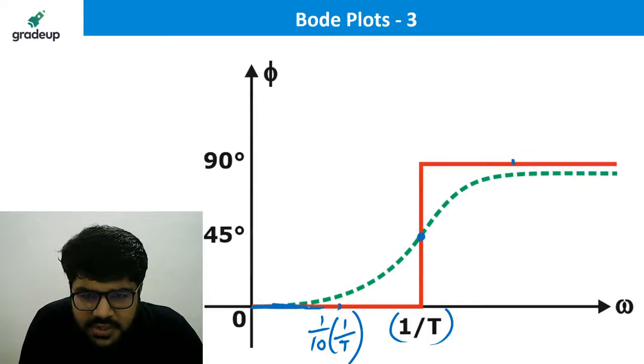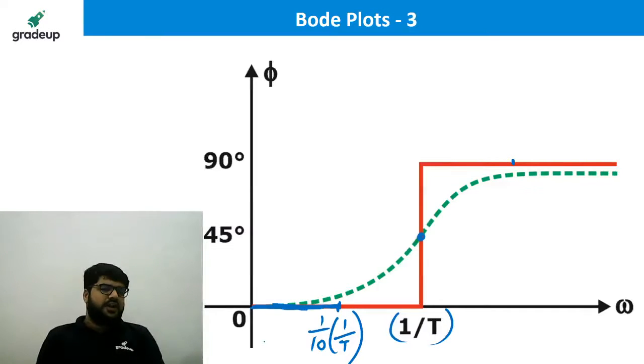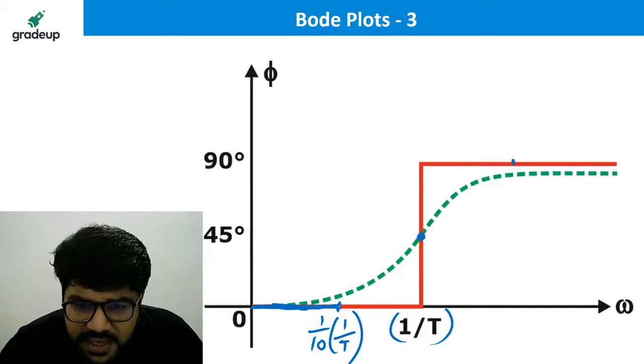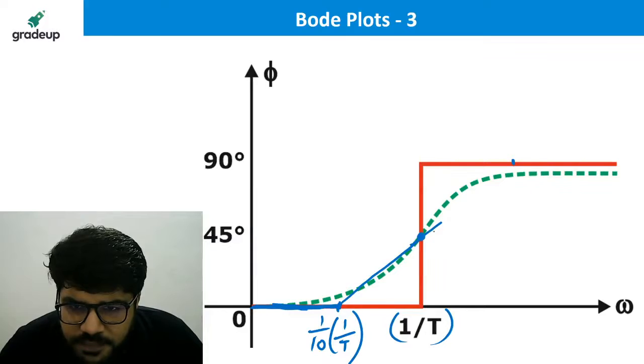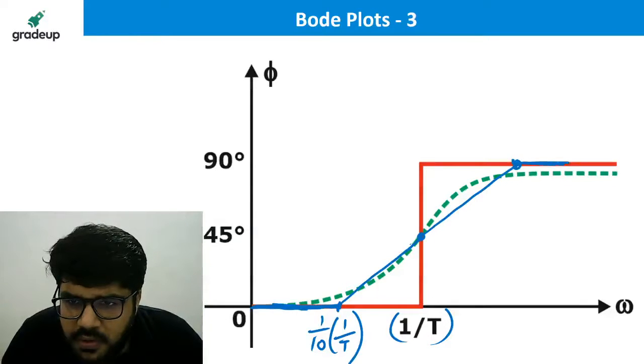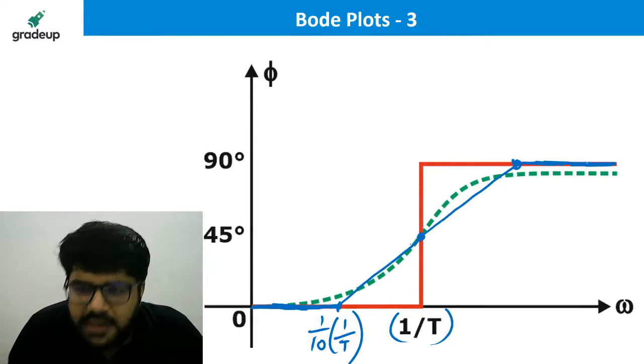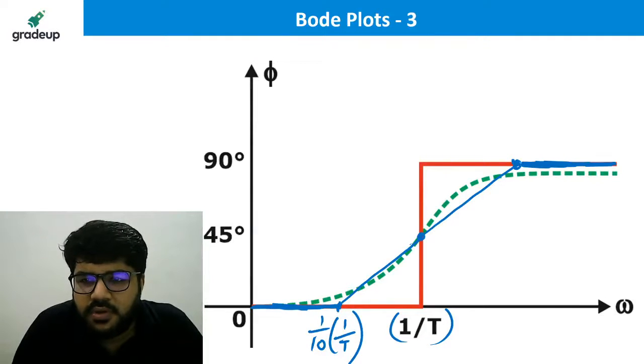The blue one which I am now sketching is my phase according to the second approximation rule. So follow the low frequency asymptote up to 1/10 of the corner frequency, then change the phase linearly, linearly means a straight line, up to 10 times the corner frequency, and then follow the high frequency asymptote.